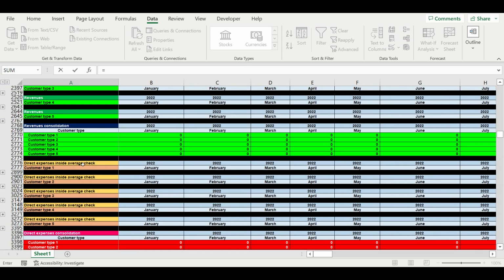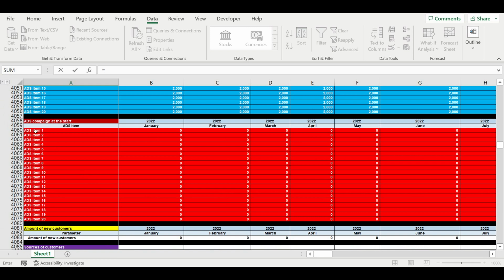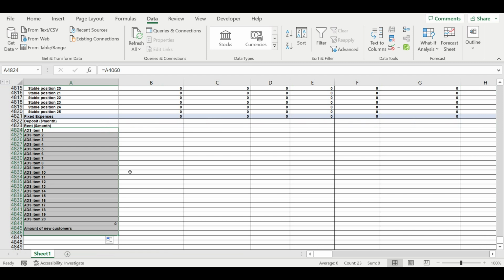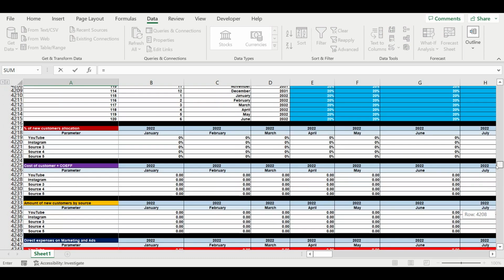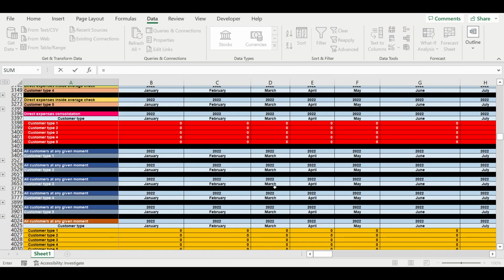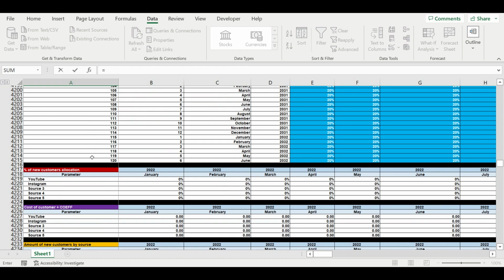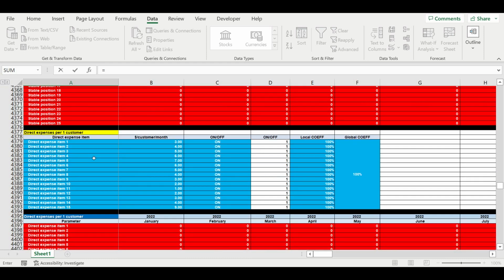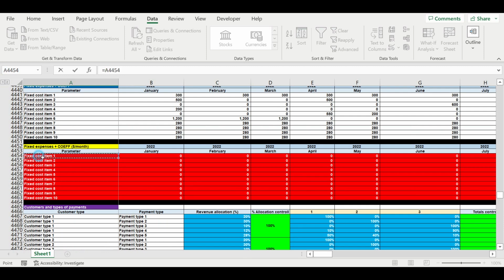Then revenues, direct expenses, advertising campaign at the start, advertising campaign, then direct payroll, stable payroll, direct expenses, fixed expenses. So here we go with fixed expenses.